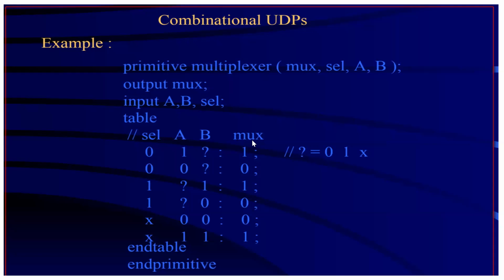You should write it and keep it in the library for further use. No need to design this multiplexer always, because it is already in the library along with the system primitives. You can use it. I told you how to write any primitive, a UDP primitive. It has one output and any number of inputs.